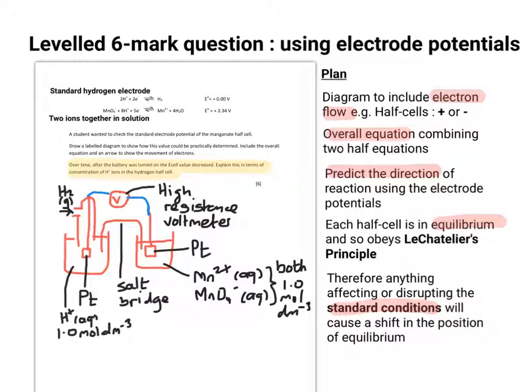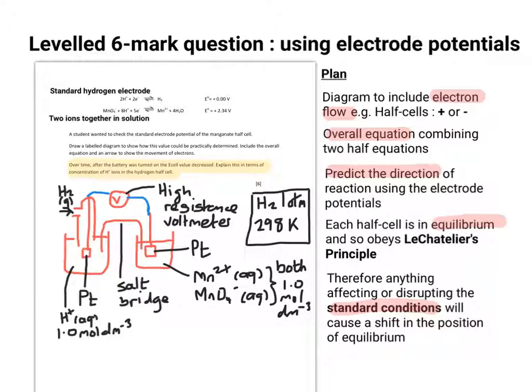I'm using standard conditions as I construct my cell diagram, so I have to put down the conditions for the standard hydrogen electrode. The hydrogen has to be at a pressure of 1 atmosphere, and it needs to be set up at 298 Kelvin.